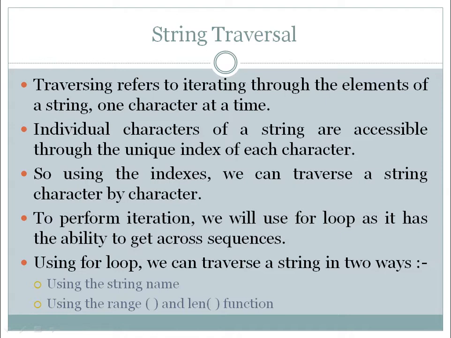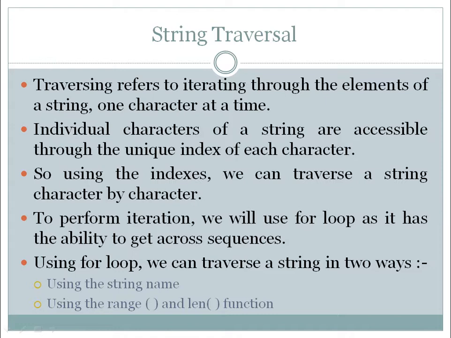So, we have to perform iteration, that means we have to move through the string character by character. To perform iteration, we will use a looping construct, because looping means iteration. So we will use the for loop as it has the ability to get across sequences. You know, a string is a sequence. Sequence means characters placed one after another.